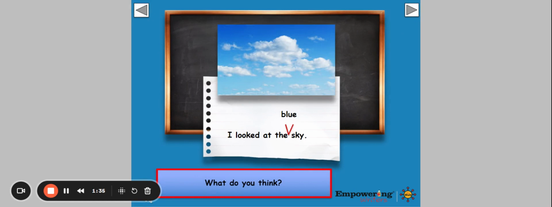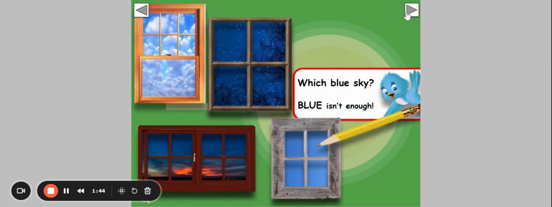What do you think of that description? Which blue sky? I don't think blue tells us enough, does it? It could be a bright morning blue sky or a dark midnight blue sky.